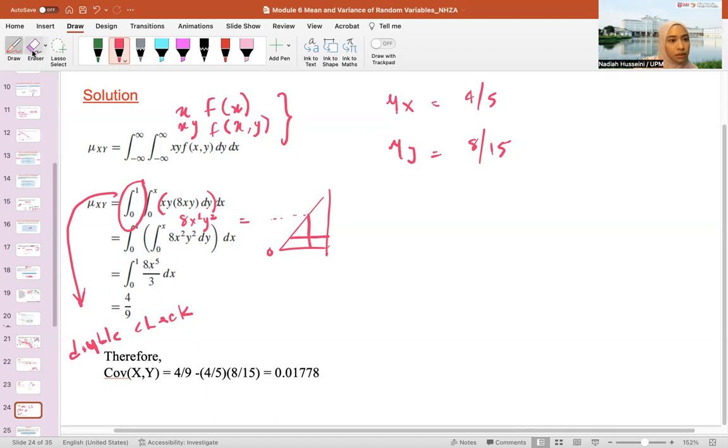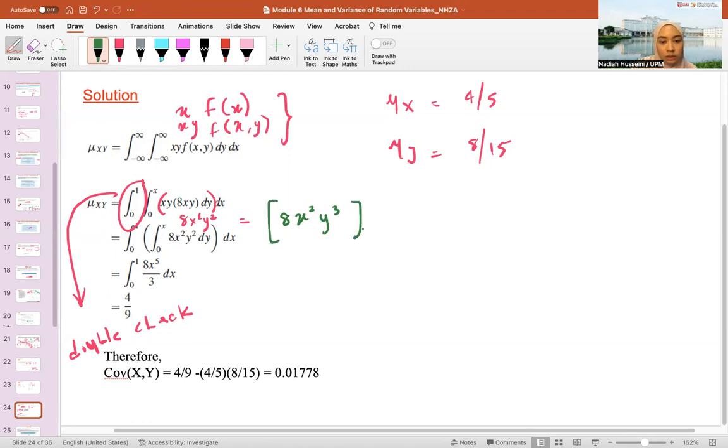Let me try to write that somewhere nicely. 8x squared y cubed, because I'm integrating with respect to y. I only care about y at this point. I already multiplied x and y into this.